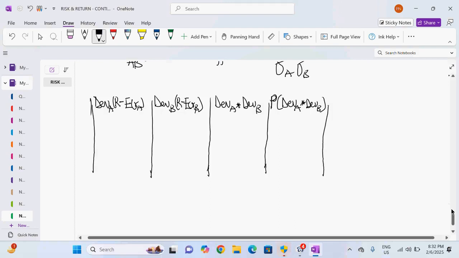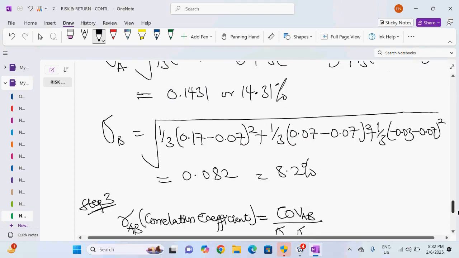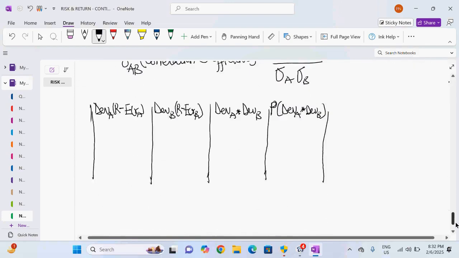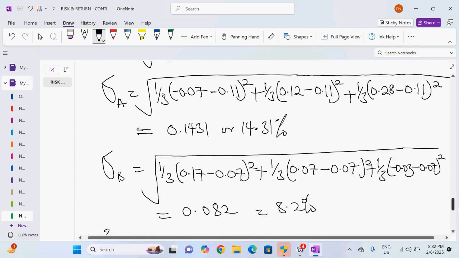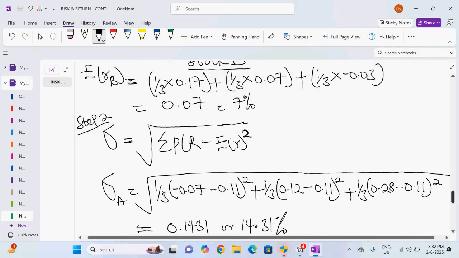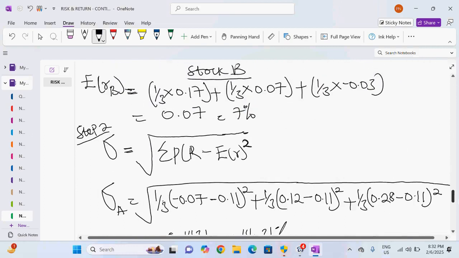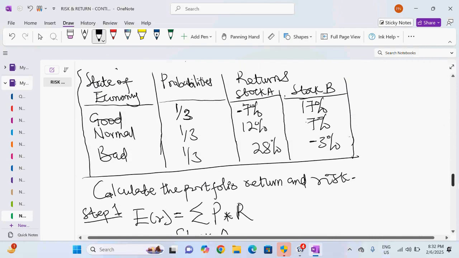Okay. So R minus expected return, what is the return minus expected return?